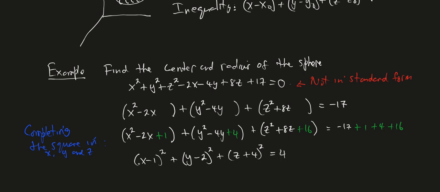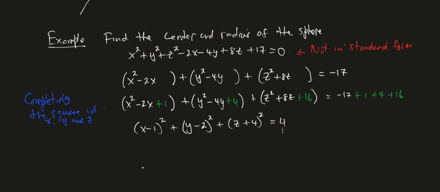So now I'm going to write this so that it looks exactly like our standard definition for a sphere. I have my x minus 1 squared plus y minus 2 squared plus z, and I'm going to write it as minus negative 4 squared, and then this 4 can be written as 2 squared. Why am I doing this?